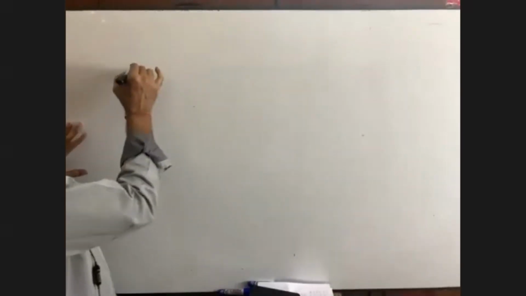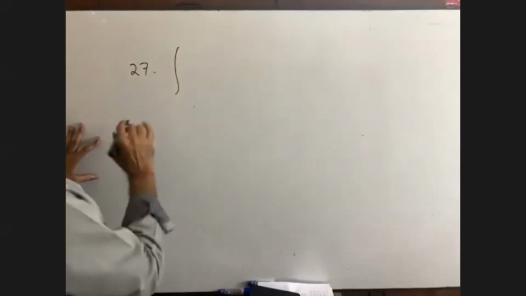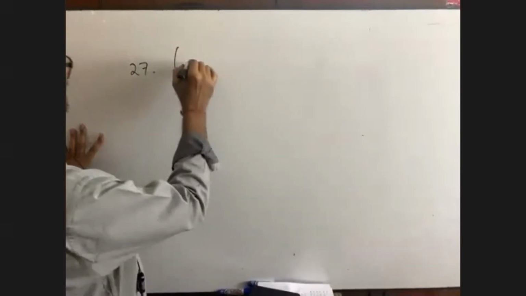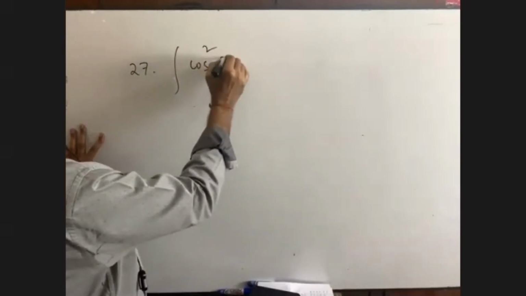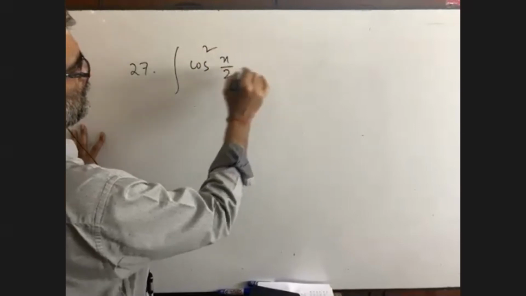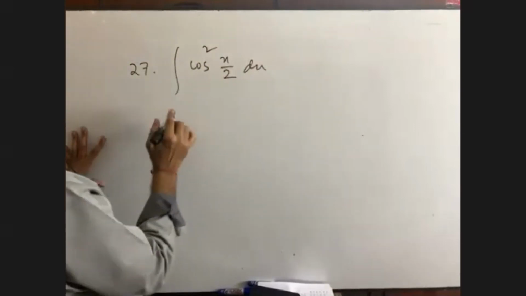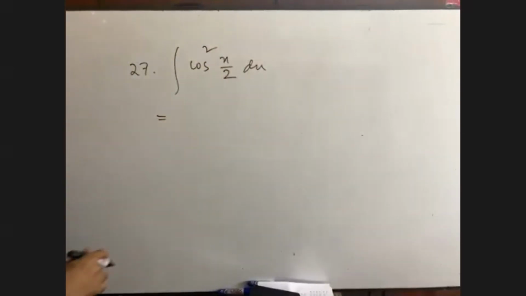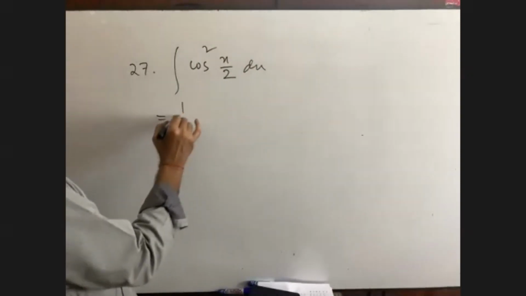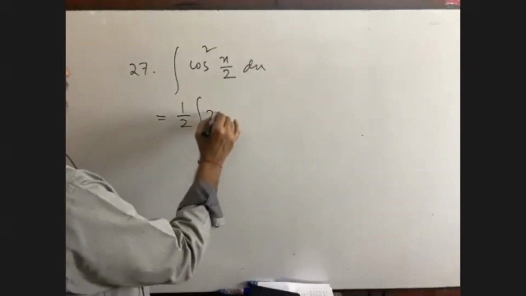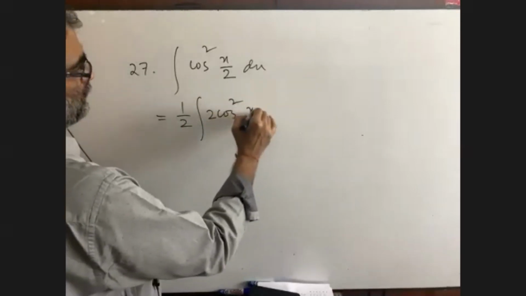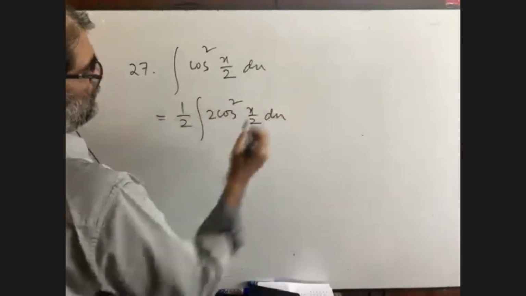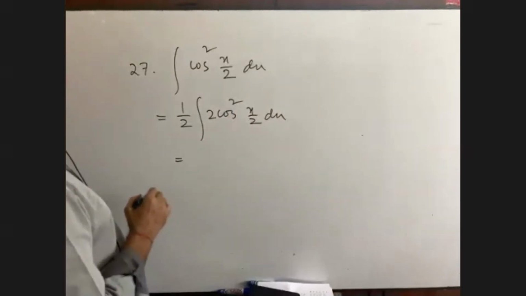Number 27. Cos square x by 2. Who can do it? We don't know, right? Because we have not got any formula of this. So you see, we can write this as 2 cos square x by 2. Now, what is the formula of 2 cos square x by 2?